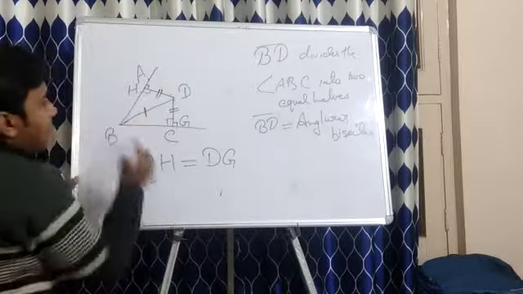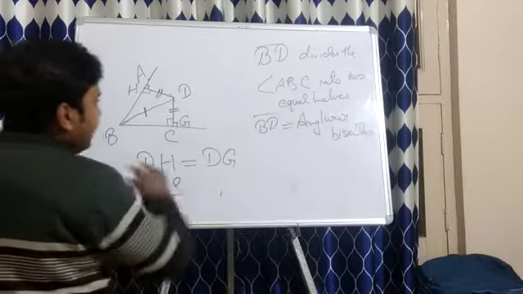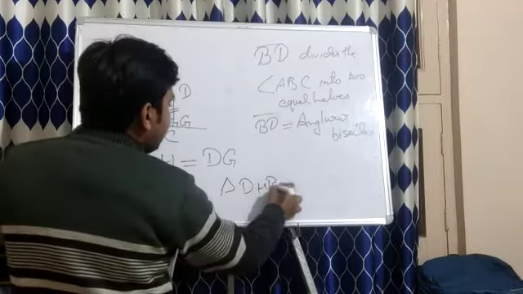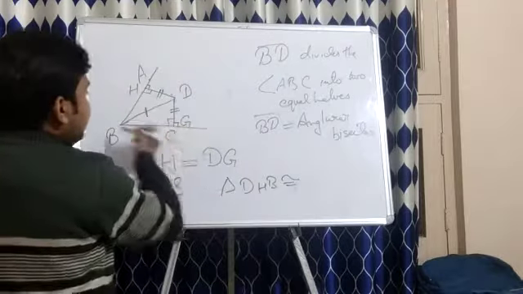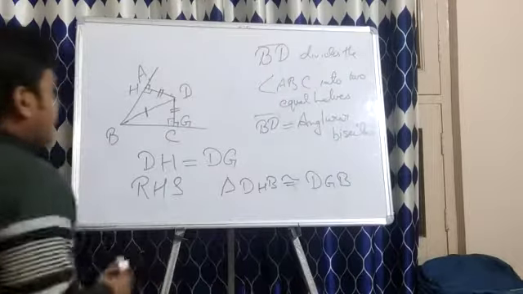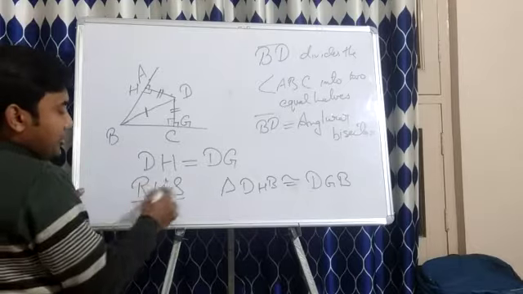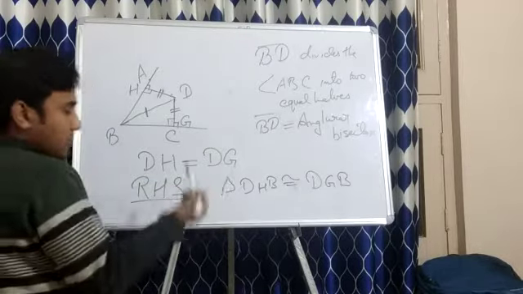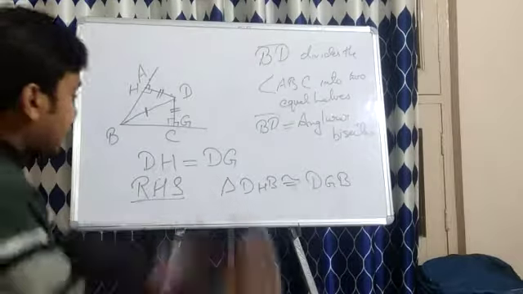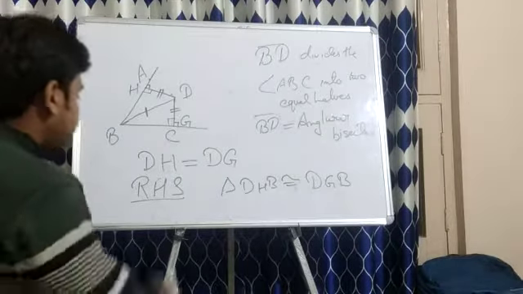So by the RHS postulate, right angle hypotenuse side postulate, we can clearly say that triangle DHB is congruent to triangle DGB, because if in a right angle triangle the hypotenuse and another side are congruent to the hypotenuse and another side of another triangle, then those two triangles are congruent.